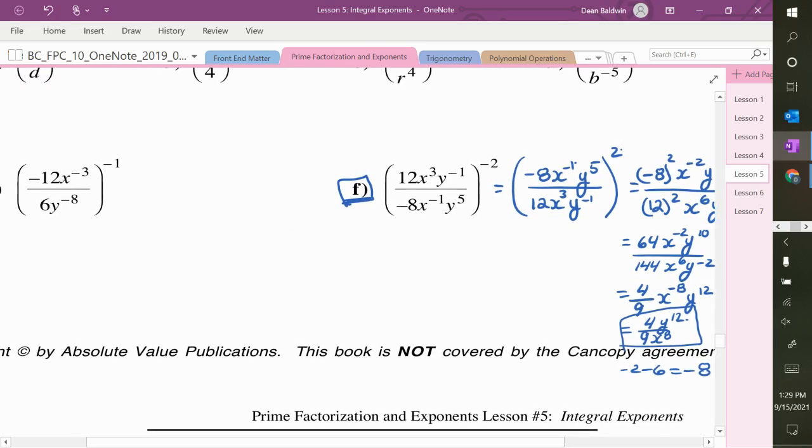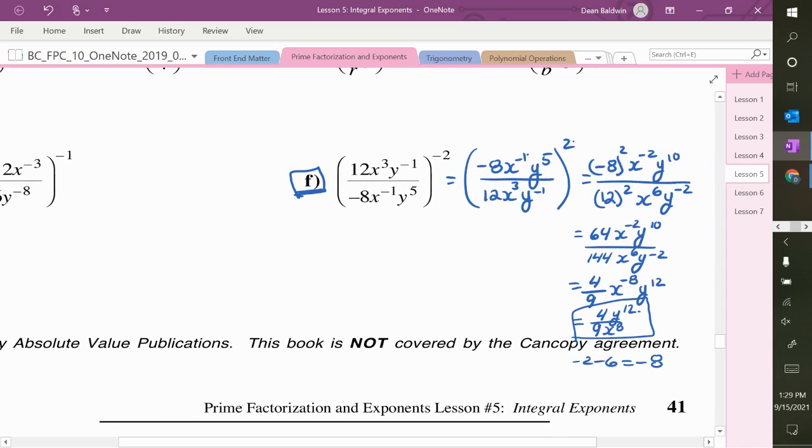Any questions about this? Yes. So you simplify the inside of them. Yeah. The other way to do it, the way I would do it, is I would simplify the inside first. Say we flipped it and got from this point here, I would go, okay, what goes into 8 and 12? 4.